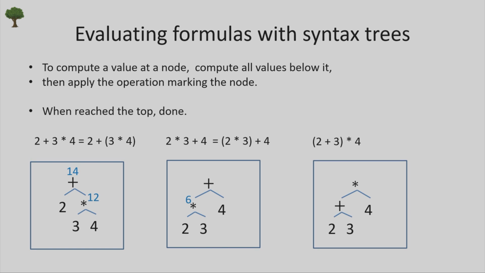In the second one, you first do your 2 times 3, you get a 6. And then there is nothing to calculate on the other side, 4 is a 4, and you just add them together. And similarly here, you first compute things on the bottom, and then you compute the thing on the top. You always do the thing on the top last, and you can never do an operator in a node of a tree unless you've computed everything below that particular operator.